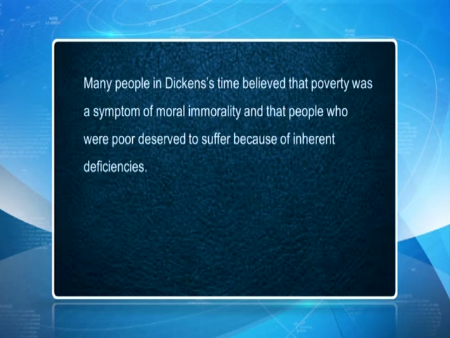Many people in Dickens's time believed that poverty was a symptom of moral immorality and that people who were poor deserved to suffer because of inherent deficiencies. At that time, they thought that people who were poor, they deserved to be poor.